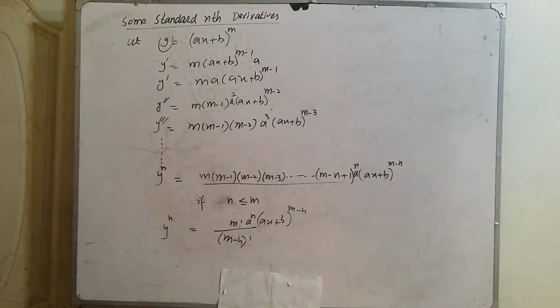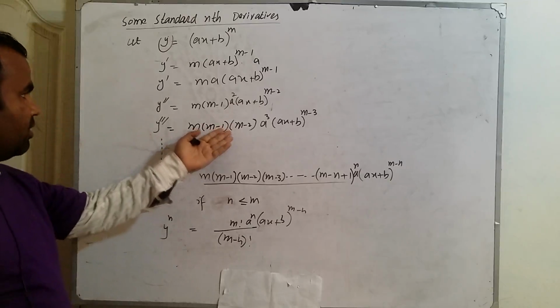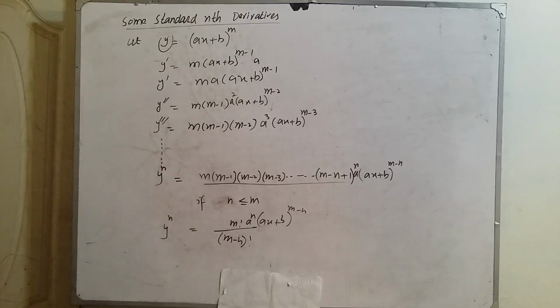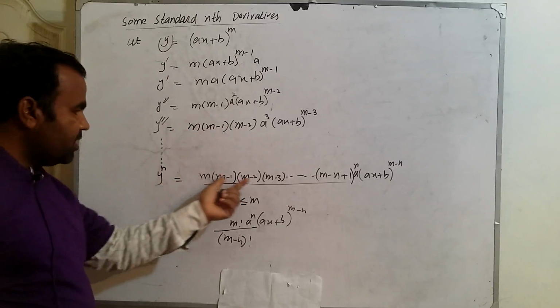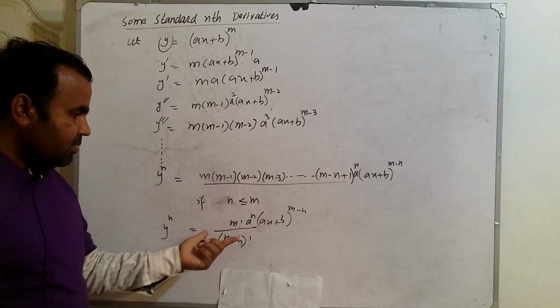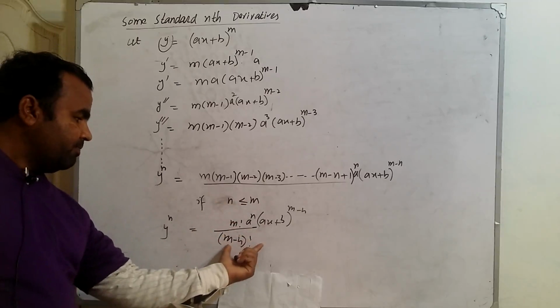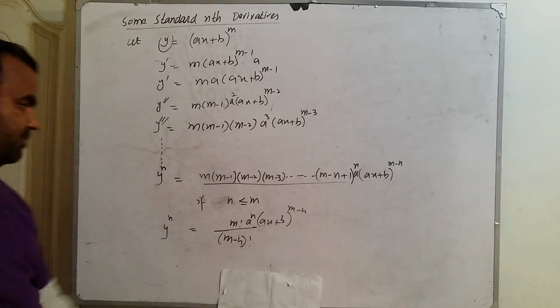Okay, this is the nth derivative. So you can see there is a connection among all these derivatives. From this connection we develop the formula. Suppose if this connection was not developed, then it would be very hard to find this formula for the nth derivative.